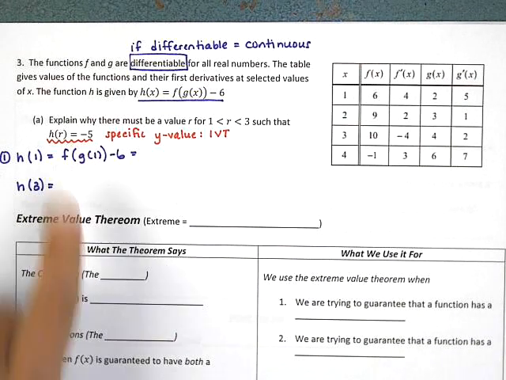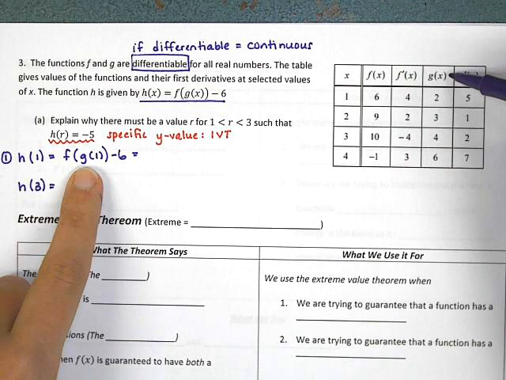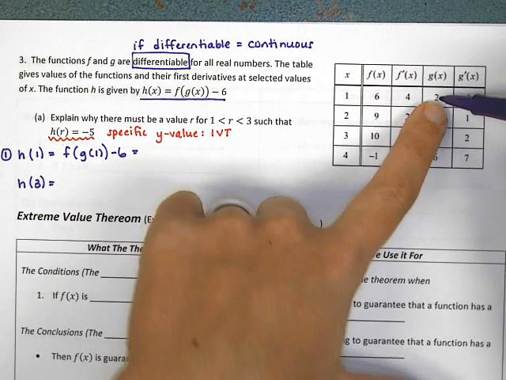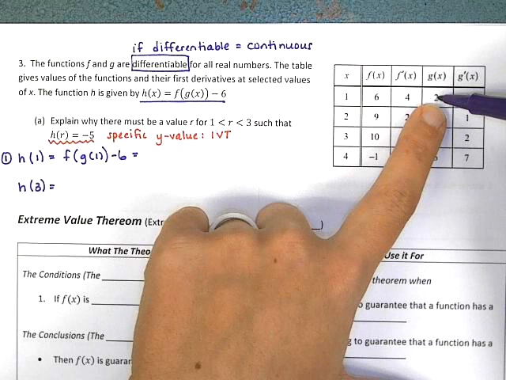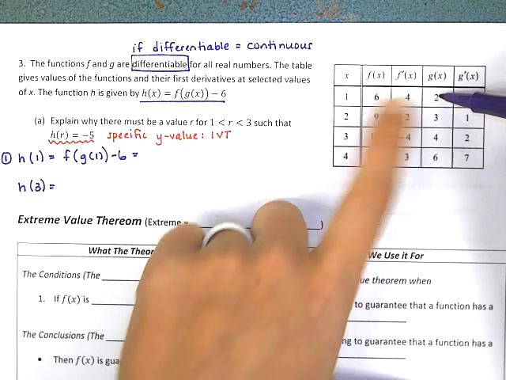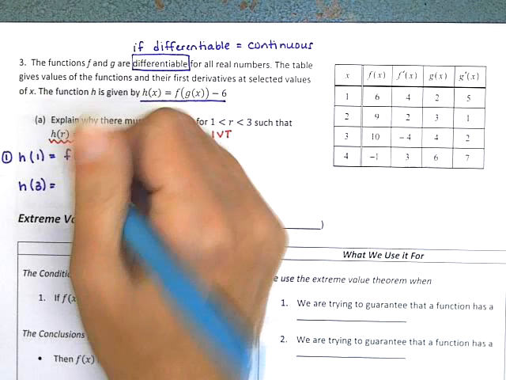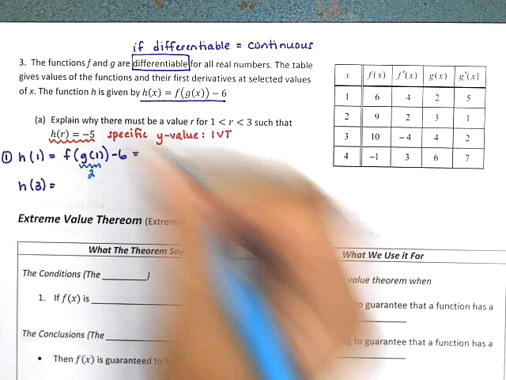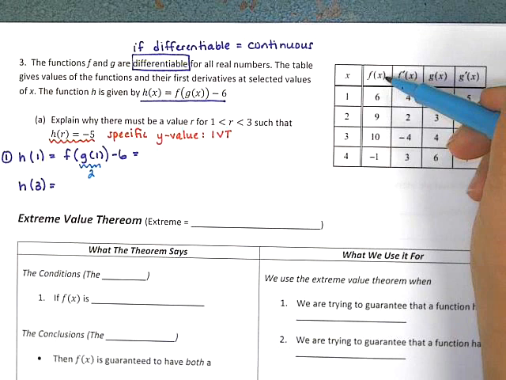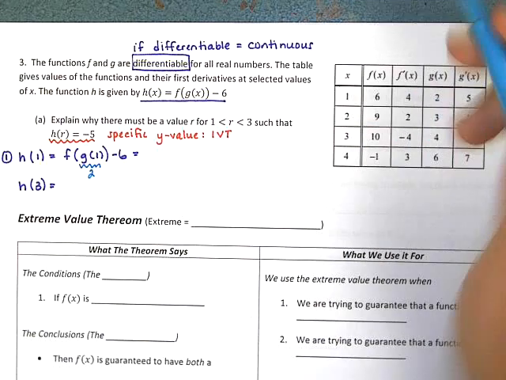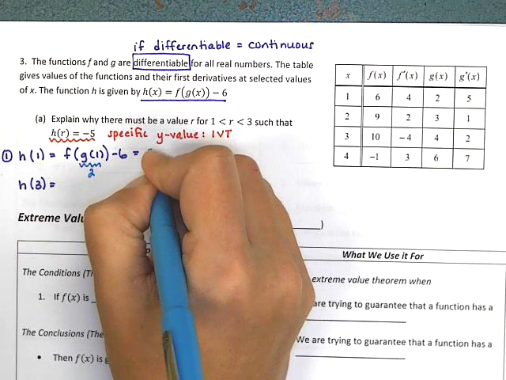Now g of 1, if I go to g's column, where x is 1, is 2. So this is really f of 2. Now if I plug the number 2 into f of x, I get 9. And 9 minus 6 is 3.